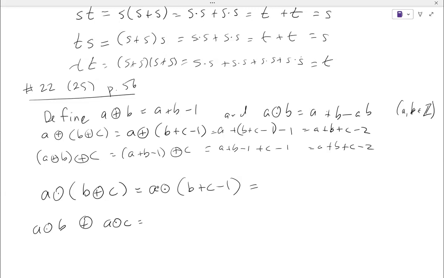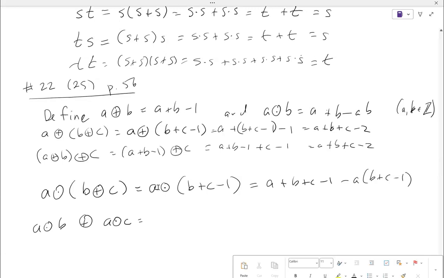A plus b plus c minus 1 minus ab plus ac minus a. Yep. So the definition of multiplication here says add the two numbers together and subtract their product, right? So add the two numbers together, subtract the product, we get that. I'll worry about simplifying it in a second.